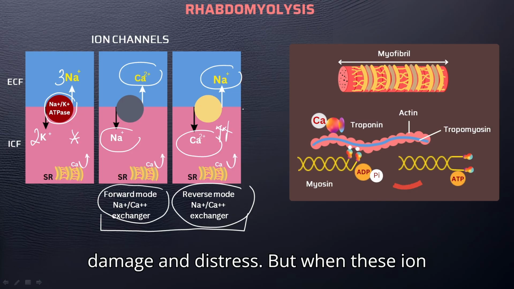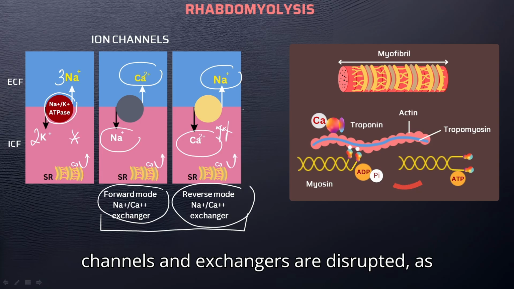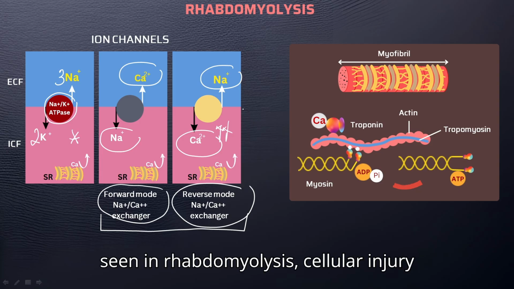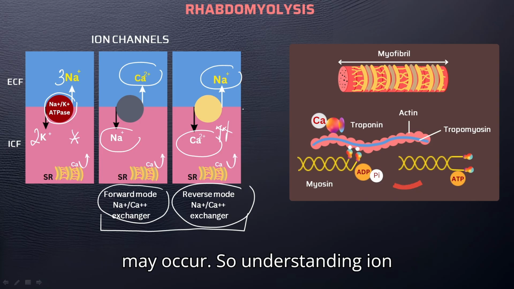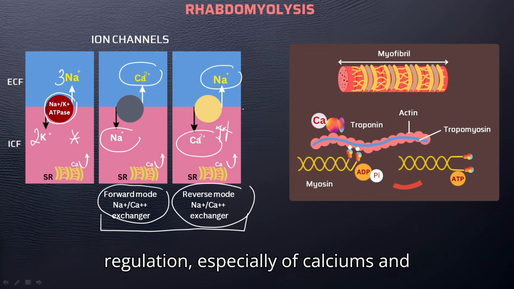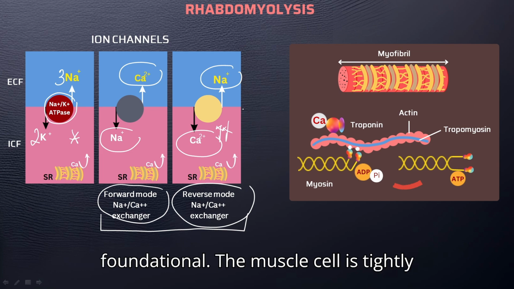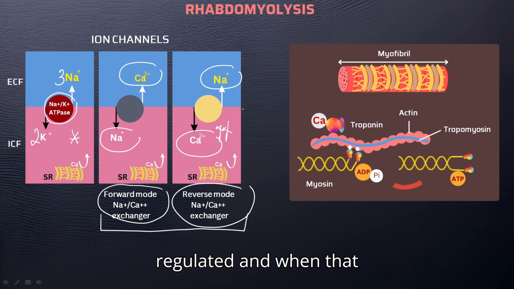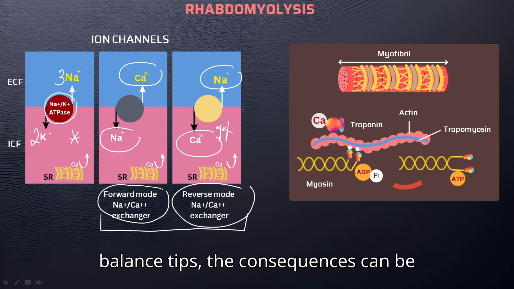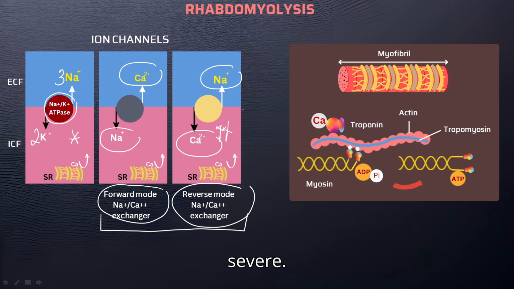So when these ion channels and exchangers are disrupted, as seen in rhabdomyolysis, cellular injury may occur. So understanding ion regulation, especially of calciums and sodium, isn't just academic, but foundational. The muscle cell is tightly regulated, and when that balance tips, the consequences can be severe.